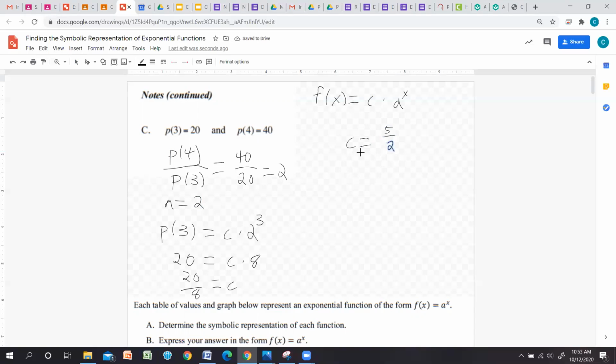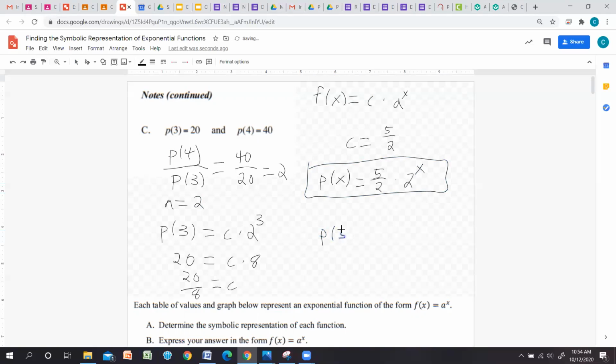So we just plug that in for C. So our answer is P of x equals 5 halves times 2 to the power of x. And again, our initial value is right here, 5 halves, and 2 is our constant ratio.